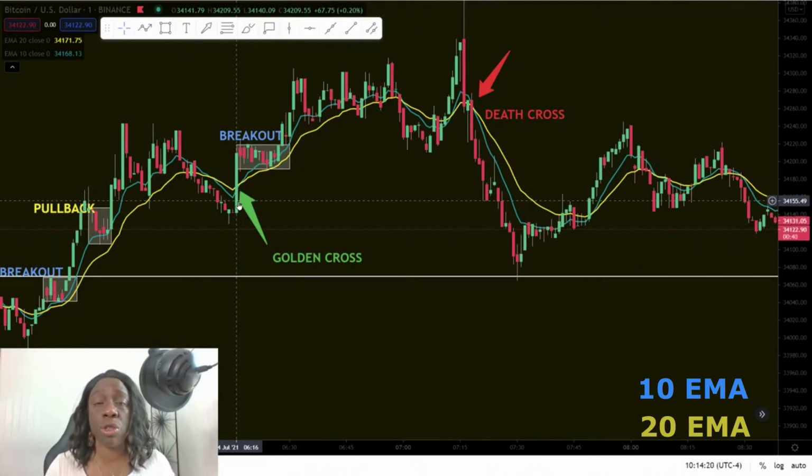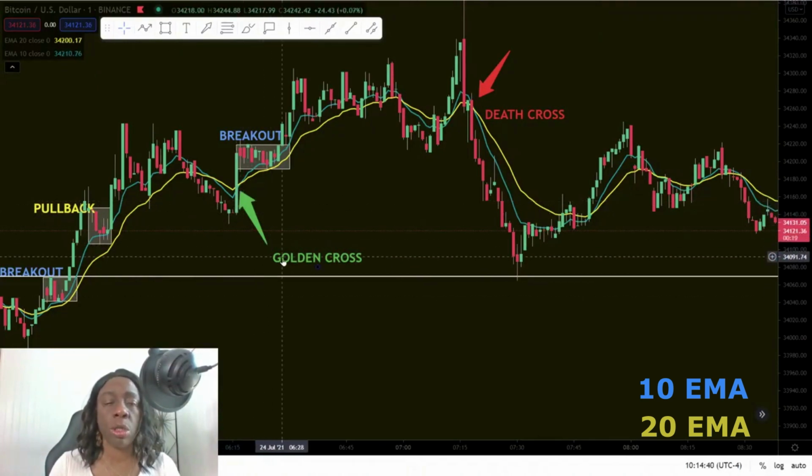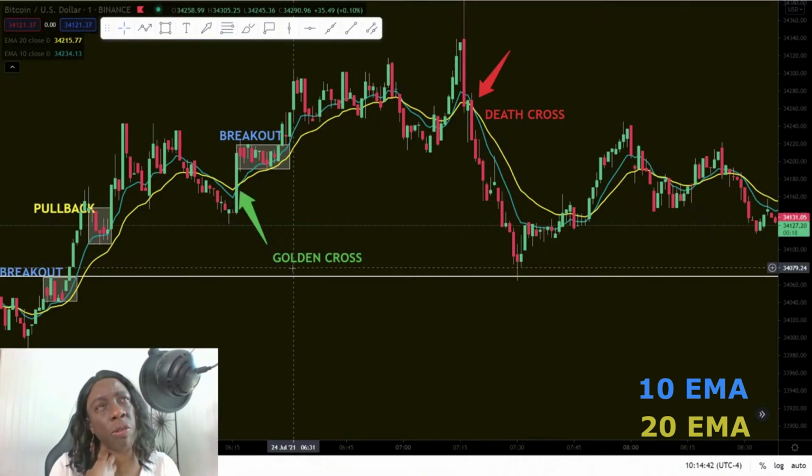So when any smaller time average crosses above any larger time average, so if your 20-day moving average crosses above your 50-day moving average, then we're calling that a crossover. And basically, I call them all golden crosses. I think it's only when the 50 crosses over the 100 or something that is technically a golden cross.